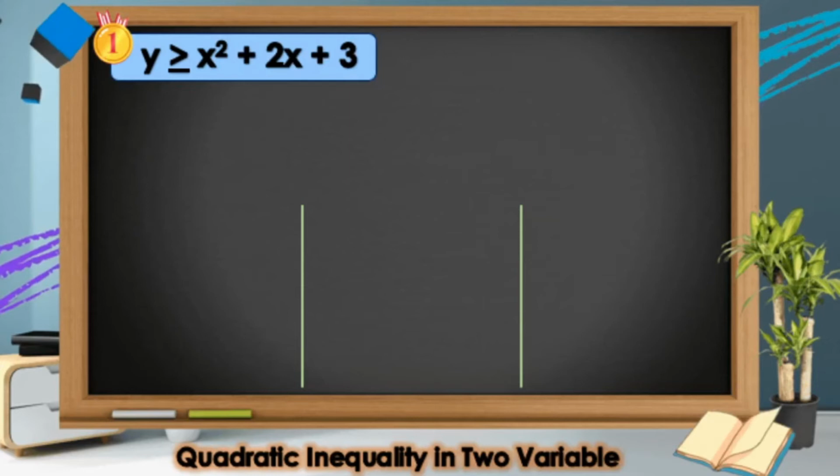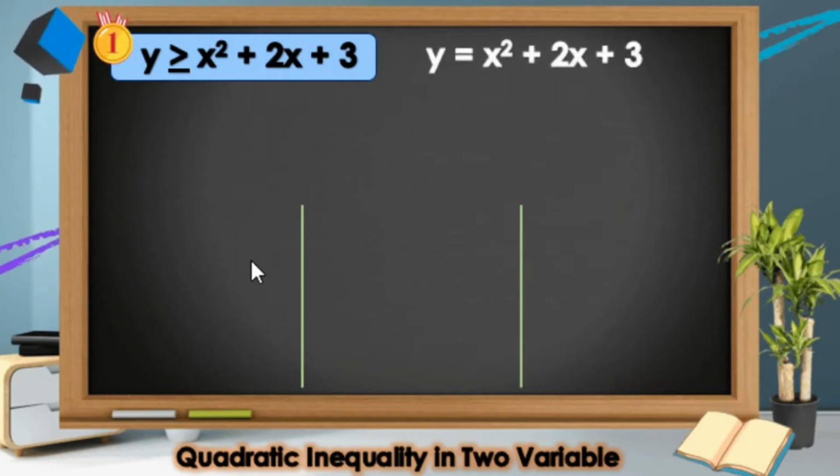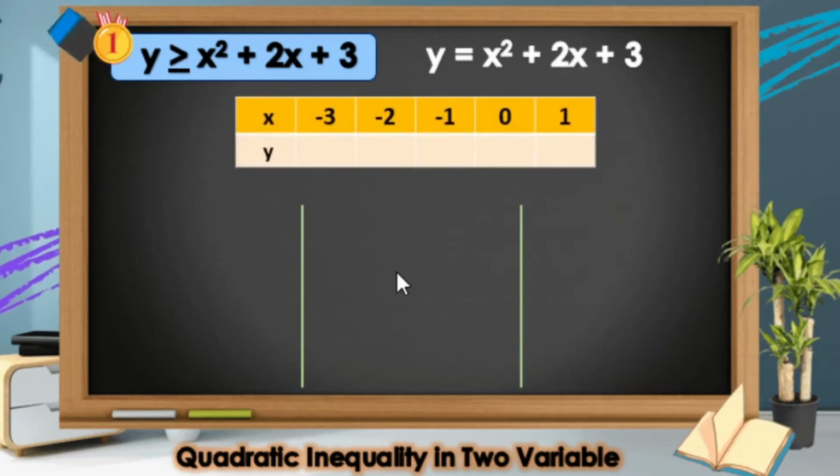Example number 1. Y is greater than or equal to x squared plus 2x plus 3. So we have to change the inequality sign into equal sign. So we will have an equation of y is equal to x squared plus 2x plus 3. And then we need to construct a table of values.